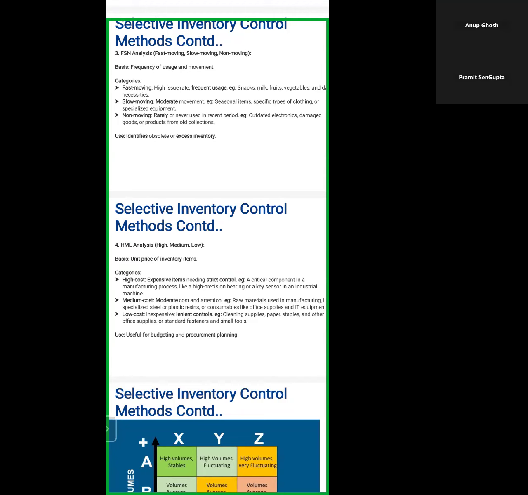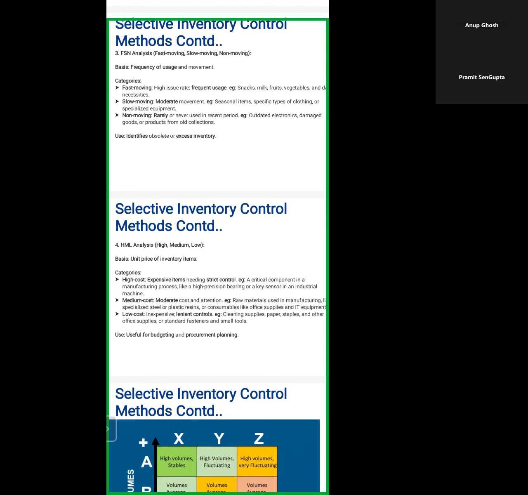That is the significance of this category. Aligning that to industry, it will be a critical component in a manufacturing process like a high precision bearing or a key sensor in an industrial machine. These are examples of strict control, high cost inventory.